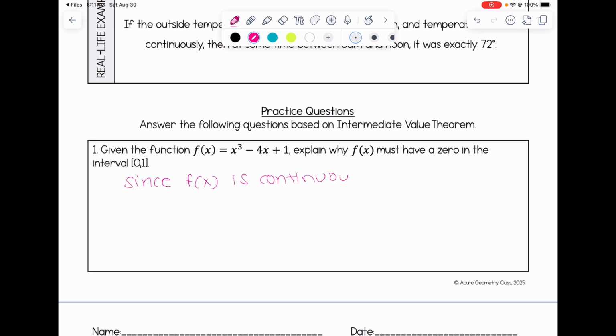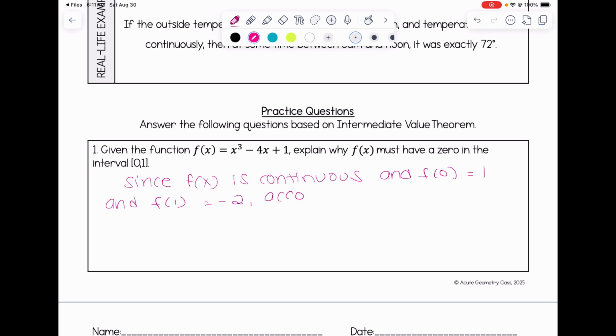Then our other requirement was that the two outputs of the interval were not equal. So if I evaluate 0 and 1 in this function, f of 0 is going to give me 1, and f of 1 is going to give me -2. Right? If I take those inputs and plug them into f of x.